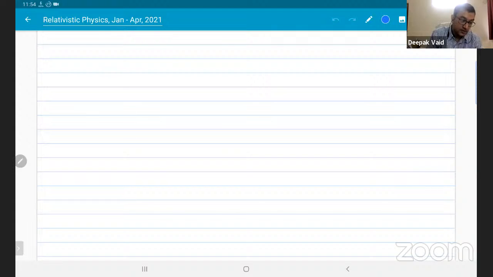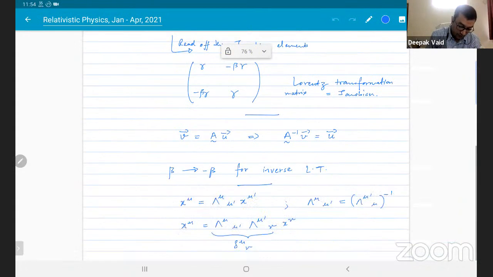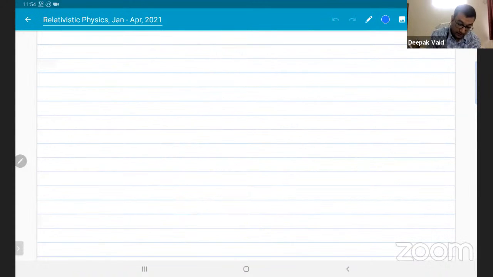Now, this Lorentz transformation has the property that under the Lorentz transformation, the metric interval remains invariant. This is a very important property: invariance of the space-time interval. Right?